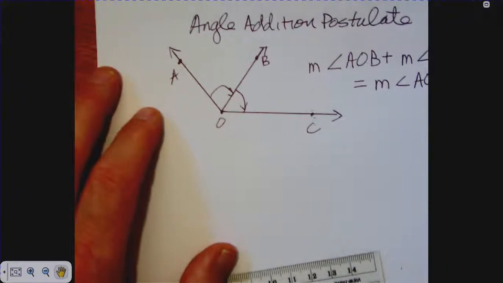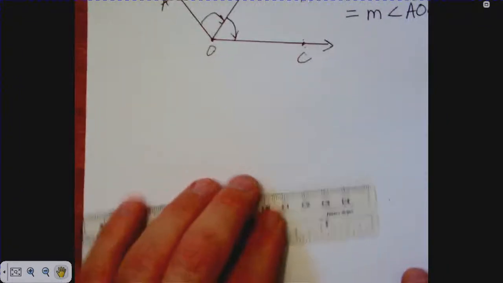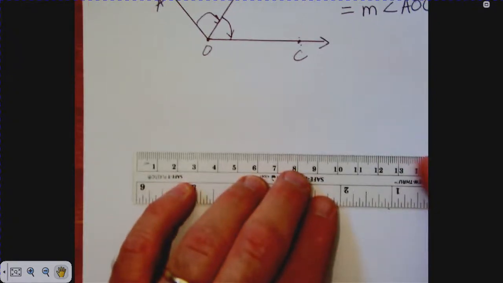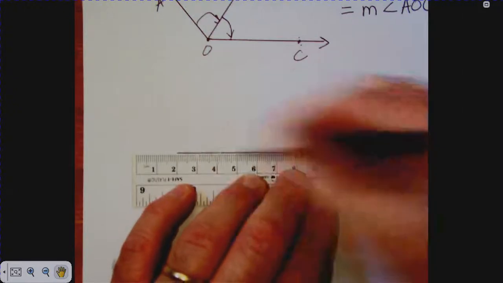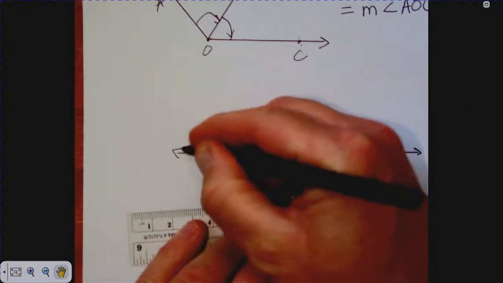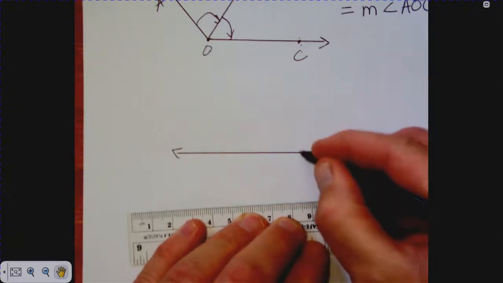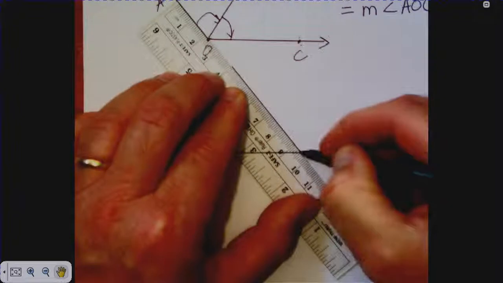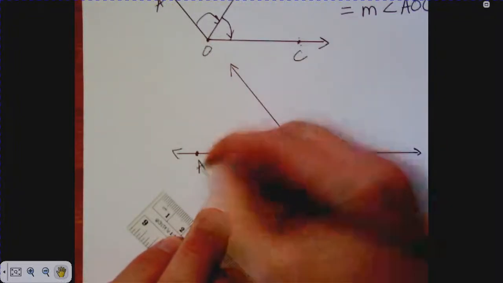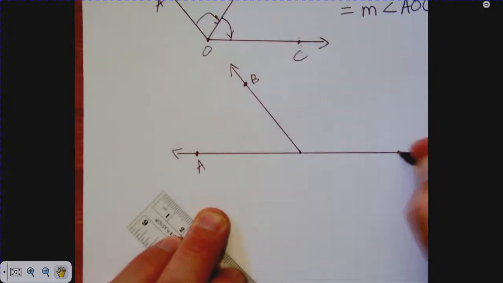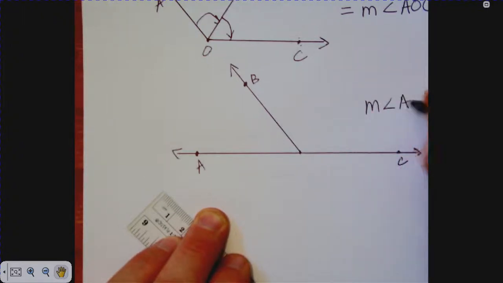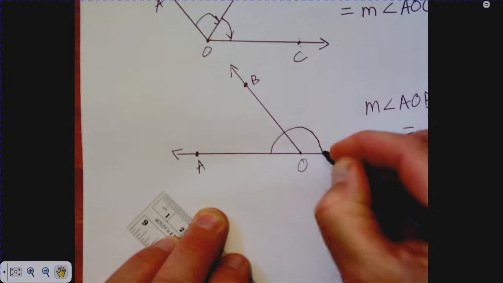Okay, now the other part of this postulate is that if I have a straight angle, for example, and this is O, and this is A, B, and C, then if I measure angle AOB plus the measure of angle BOC, that's going to equal this whole angle, which was what we did before.